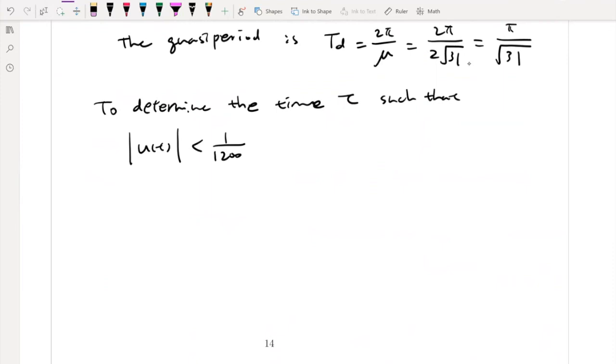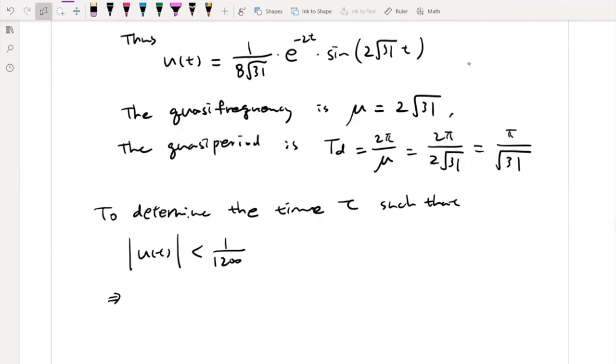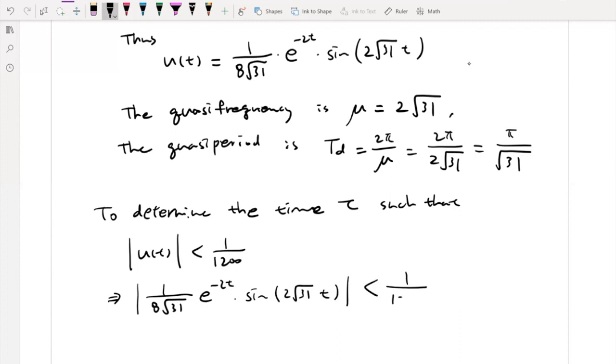My u(t) was found before. The absolute value of 1 over 8 square root of 31 e to the minus 2t times sine of 2 square root of 31 t is less than 1 over 1,200, right?